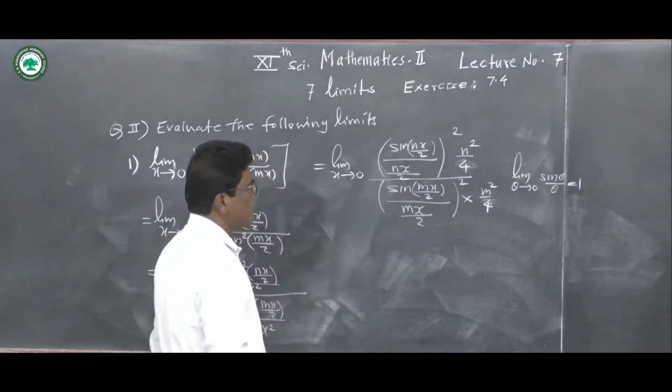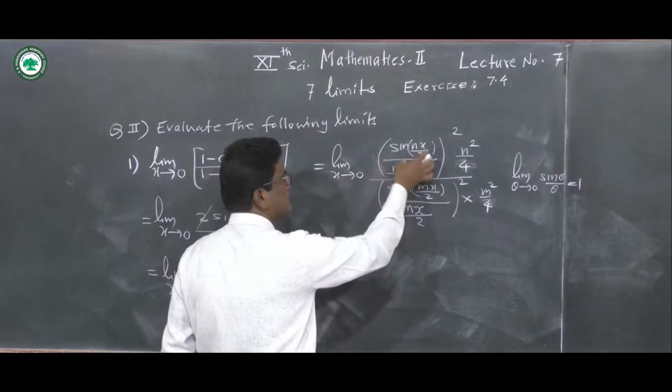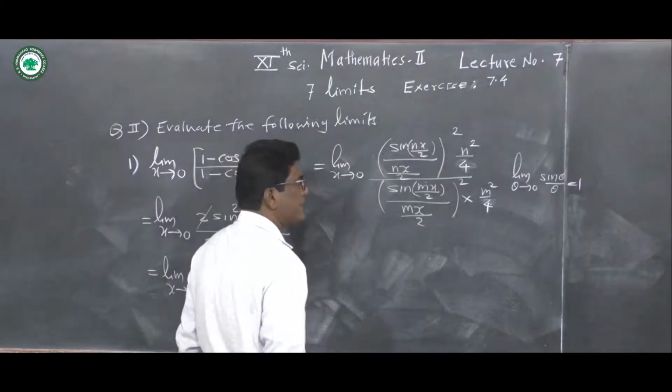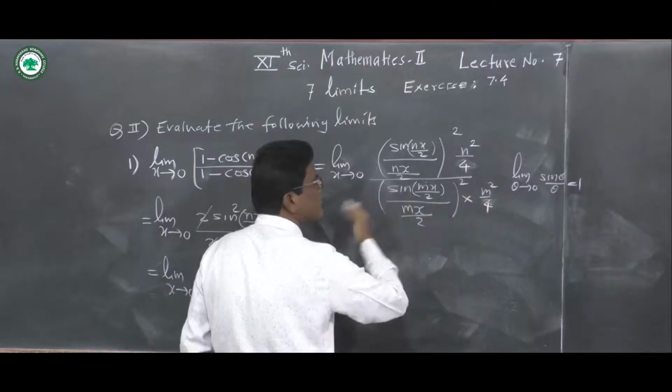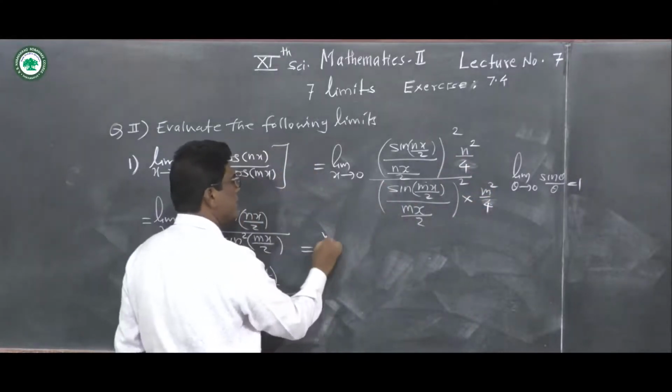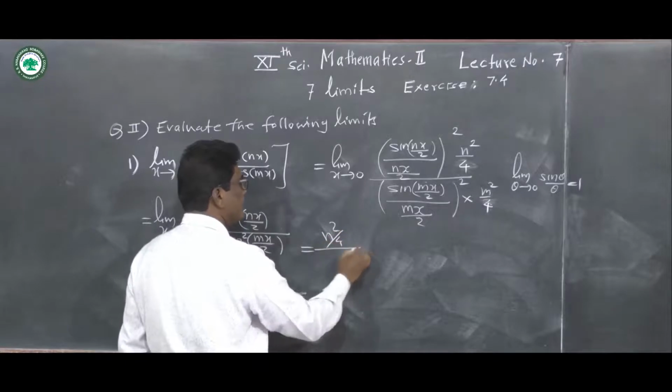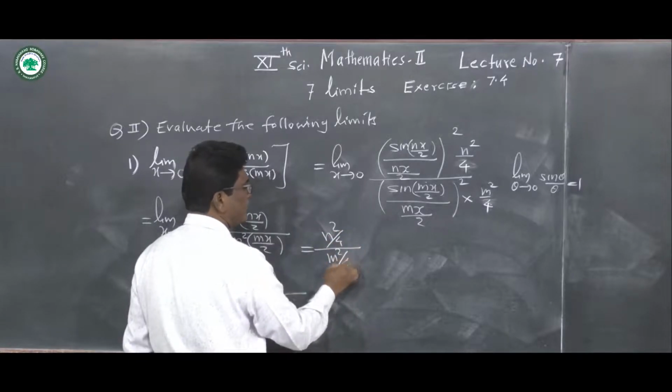And now we take the limit of numerator and denominator separately. Here n square upon 4 and m square upon 4 are constants, so we take them outside the limit, that is n square upon 4 divided by m square upon 4.